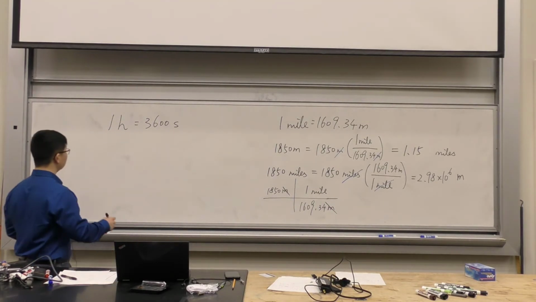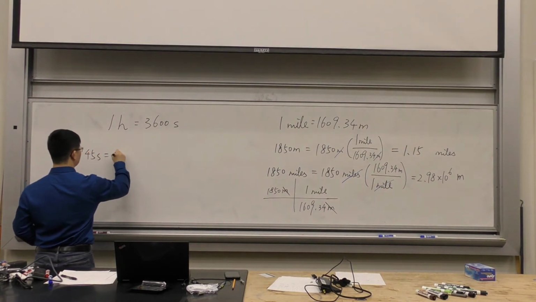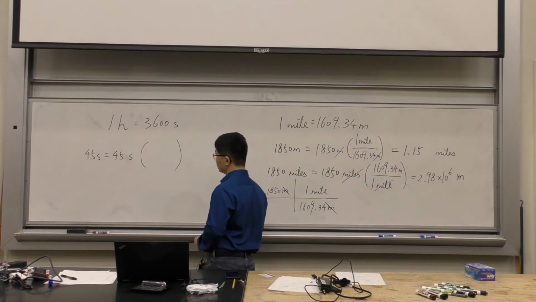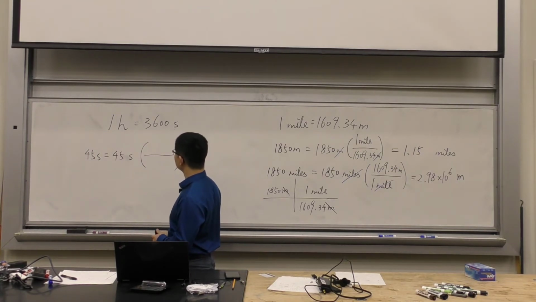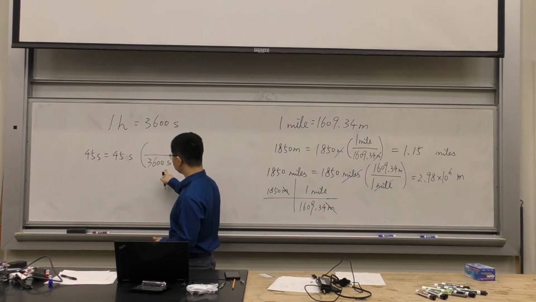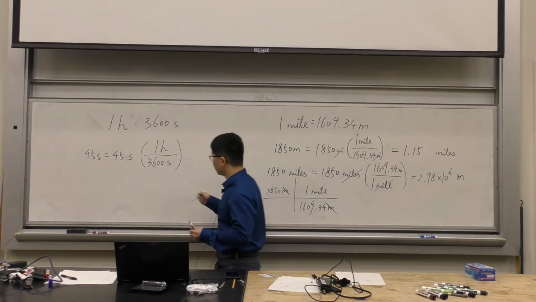All right, so let's see, 45 seconds, if I want to convert it to hours, write this fraction, now put these two numbers in the right places. The 3,600 seconds must be the numerator, and 1 hour must be the denominator, so that I can cancel the seconds.